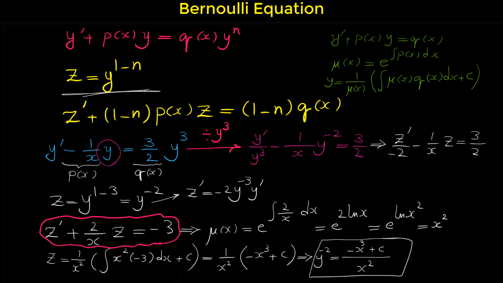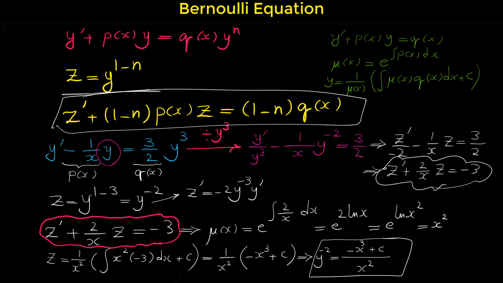Now if you multiply both sides of this by negative 2 to get rid of this negative 2, we have z prime plus 2 over x z equals negative 3. Now if we look at this equation here, you can see that they are the same. This is how you can transform a Bernoulli equation with this substitution to a linear first order equation.